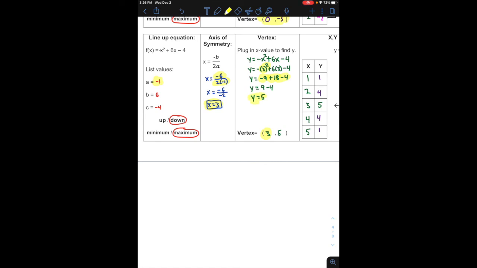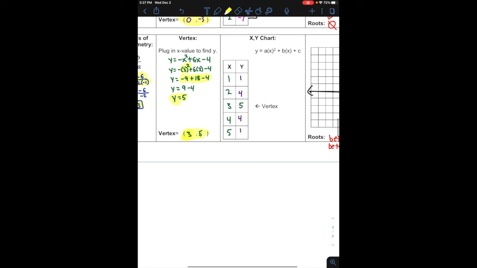Once we find our vertex, we can make a table of values and choose our x values to follow. We're going to plug those x values into the function, and just like when finding the vertex, be careful with that negative x squared term. The exponent is first and then multiply by negative 1.